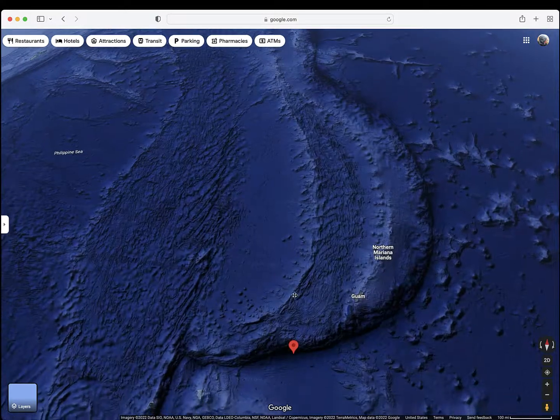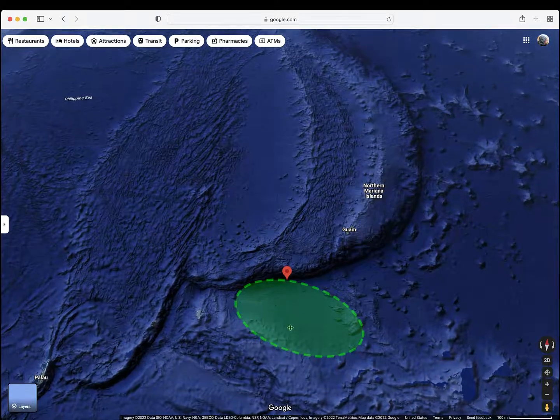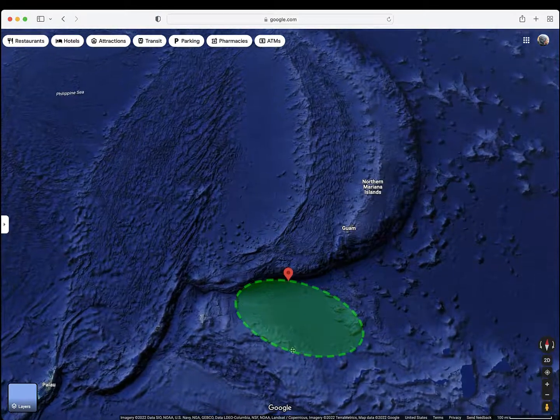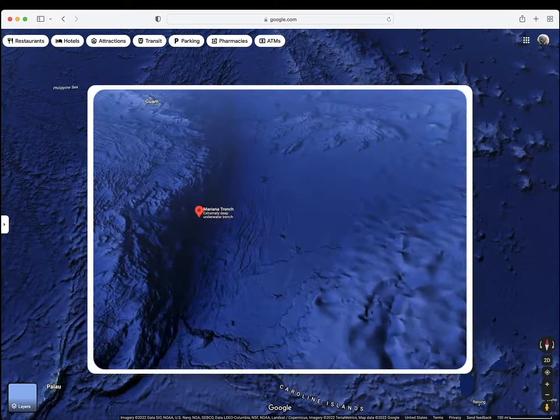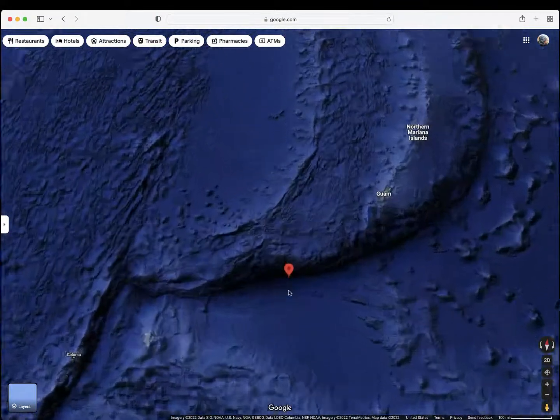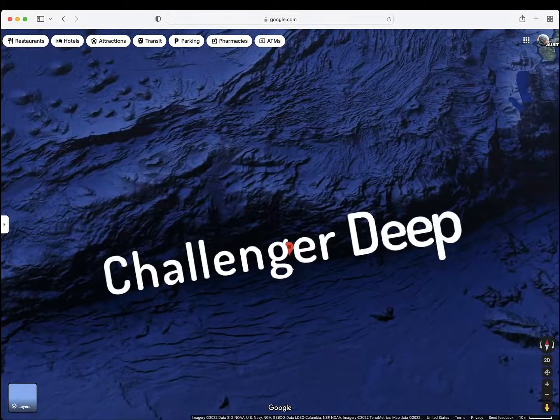The depth of the Mariana Trench varies along its length and is deeper where sediment accumulation is minimal and large Pacific Plate seamounts are absent at the subduction zone. The deepest part of this trench is a narrow submarine valley known as the Challenger Deep.